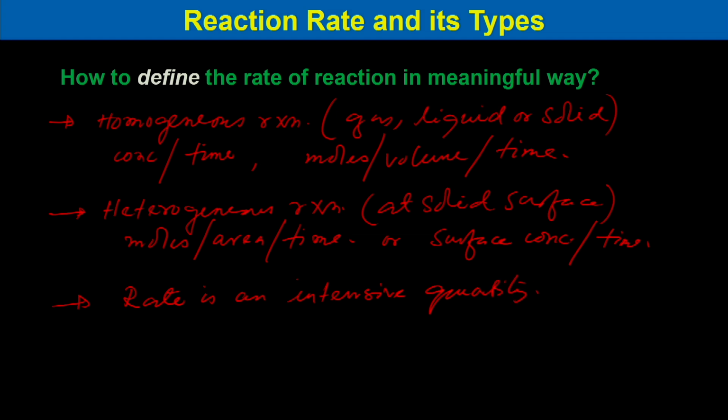That means the rate does not depend on the size of the reactors, that is, the reaction rate is independent of the size of the system.